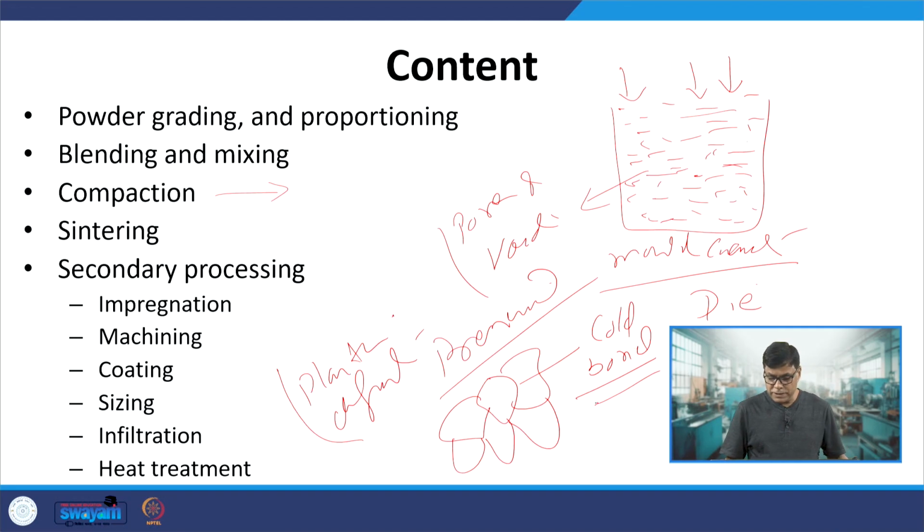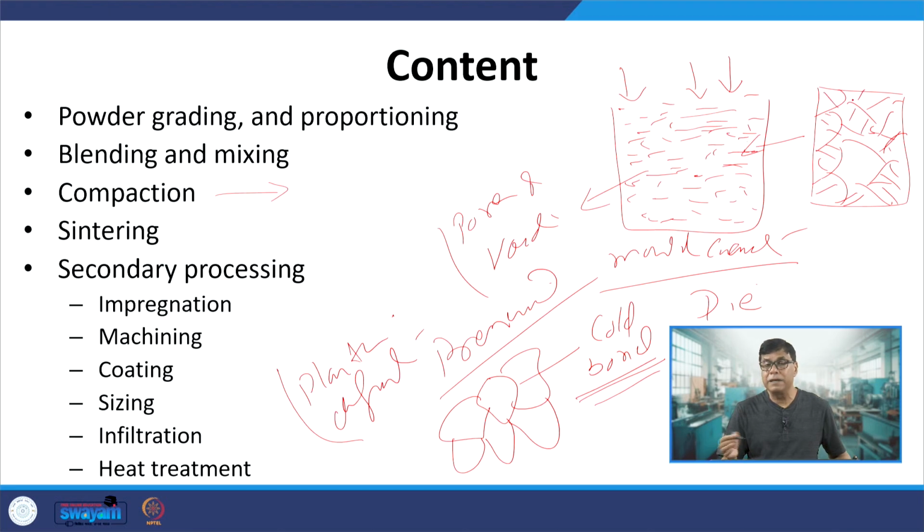When this cold bond is developed, we are able to impart some strength to the component that will be produced after the compaction. So, we will be getting the powders which are loosely, weakly connected with each other. The product obtained this way will have less strength, but it will have the shape which is desired.